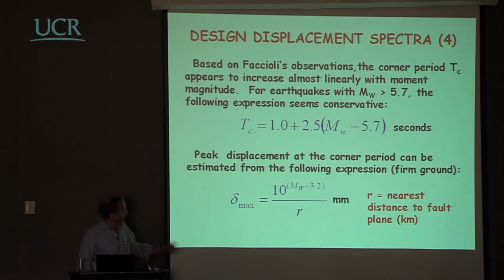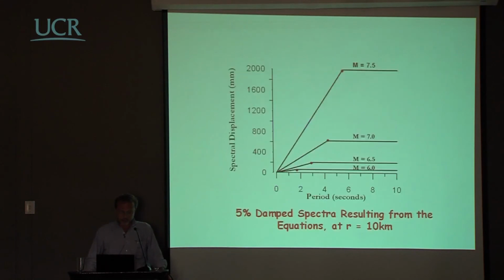The other equation that you see down there is the formula that gives the value of the displacement demand at the corner period. As you can see, there are two parameters. One is the magnitude of the earthquake, which is in the exponent there. And the other factor is the distance, which is there at the denominator of the fraction. What you can see there is that there is a very, very important effect of both magnitude and distance.